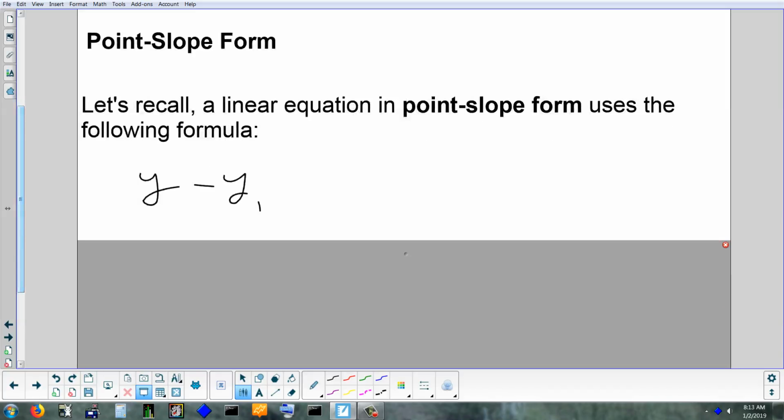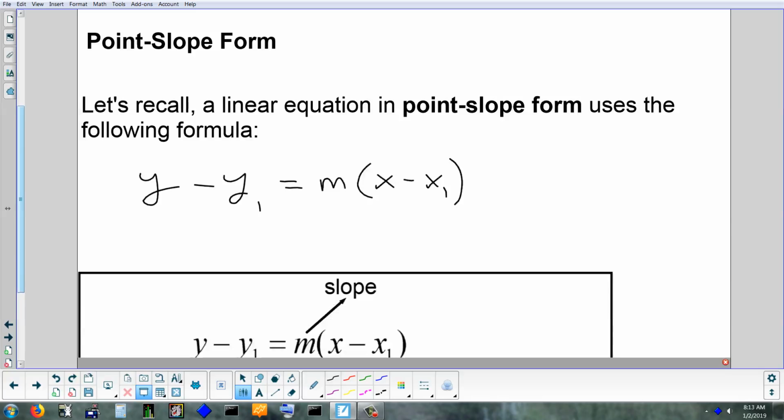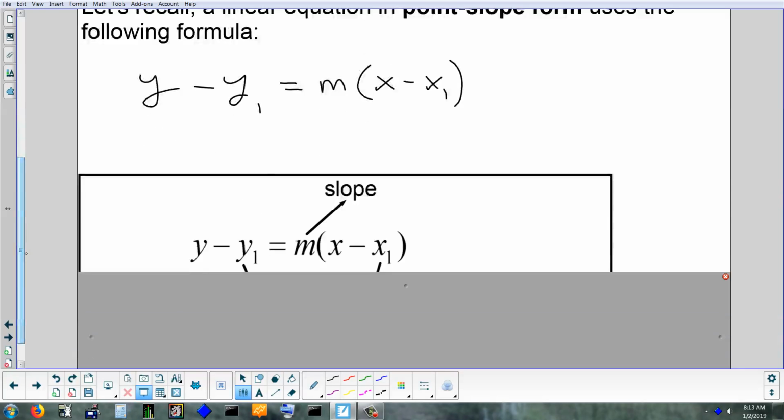What sign do we put? Equal sign. What comes right after your equal sign? M. And then in the parentheses, we have three things. Something, a sign, and then something else. X minus x1. Okay.